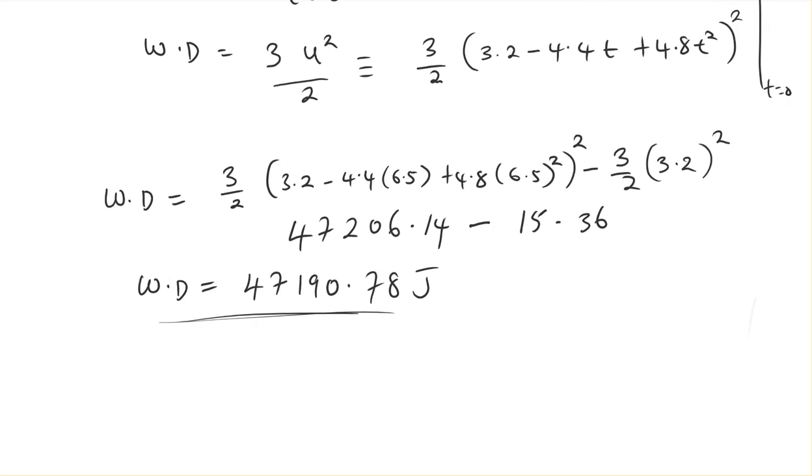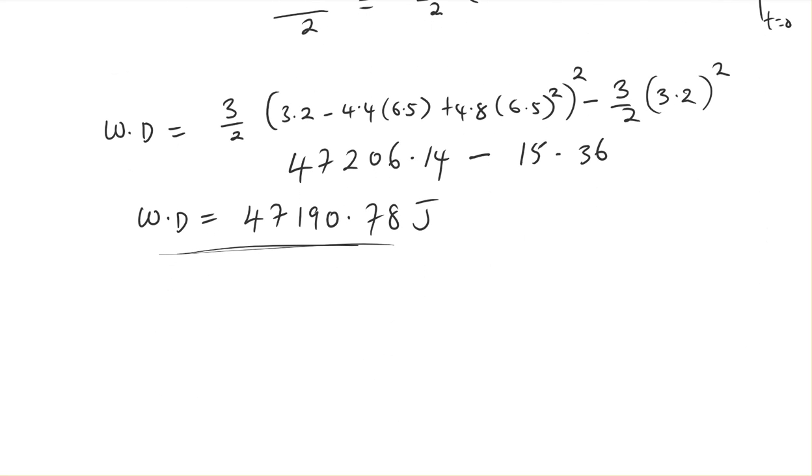So in conclusion, if your force is in terms of time, you can still find the work done. So we know that work done again is the integral of the force as a function of position with respect to the position.